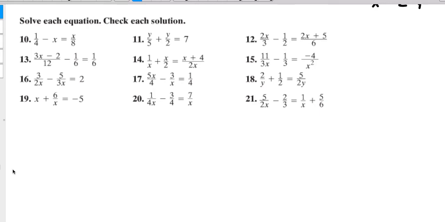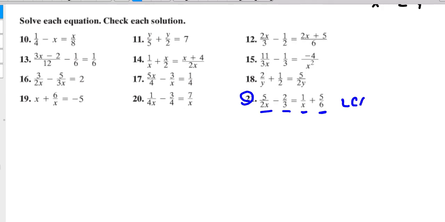Right. So now looking at this, all right, let's do 21. All right, so looking at 2x and 3, right now I know that the least common multiple is 6x. Well, x would be part of that, and then 6 would be part of that.